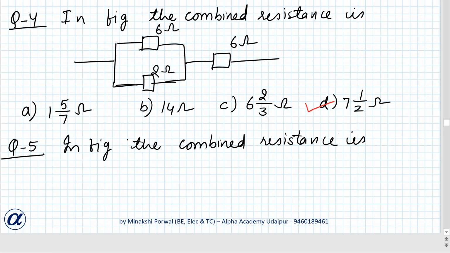If anybody is not getting, I am repeating again, you are supposed to ask. This I am also solving. After copying this next question, I am solving the previous one also in case anybody is not getting.